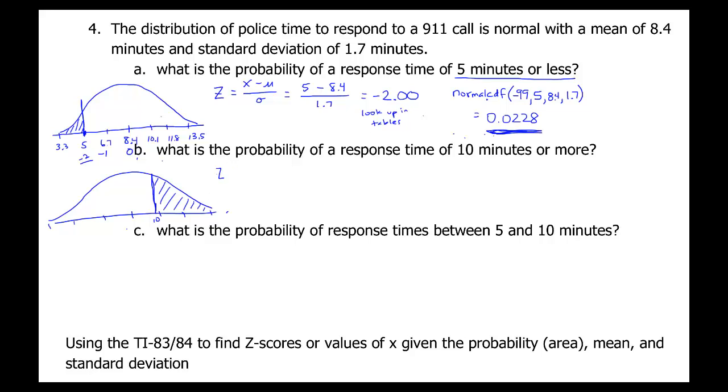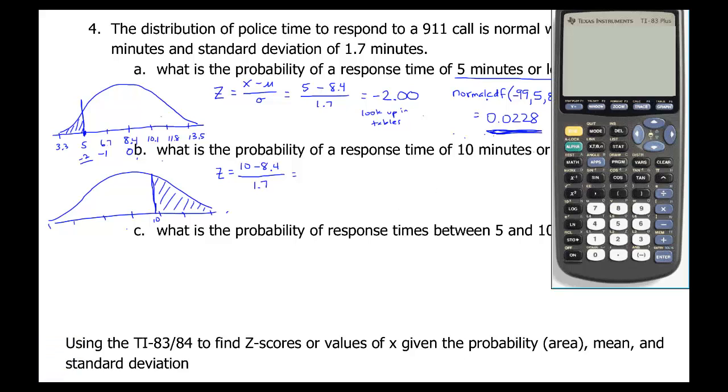Okay. Again, we could calculate a value of z. So our number of interest is 10 minus the mean of 8.4 divided by the standard deviation of 1.7. So 10 minus 8.4, divide that by 1.7, and we get 0.94 for z-score.